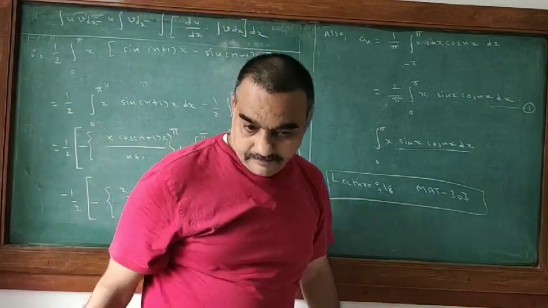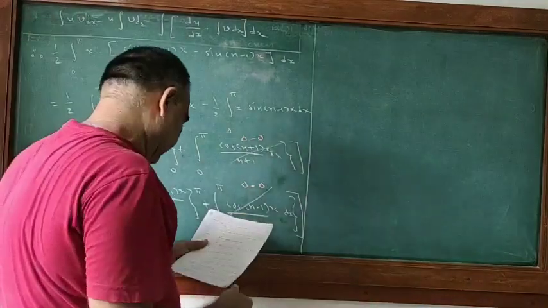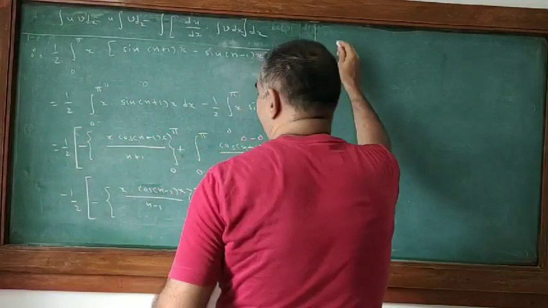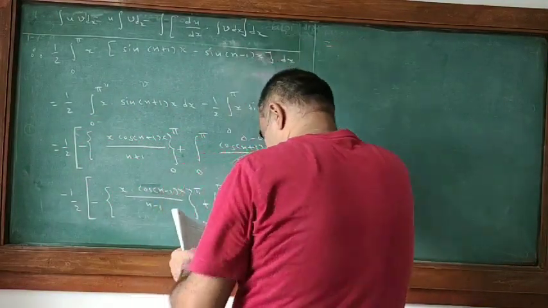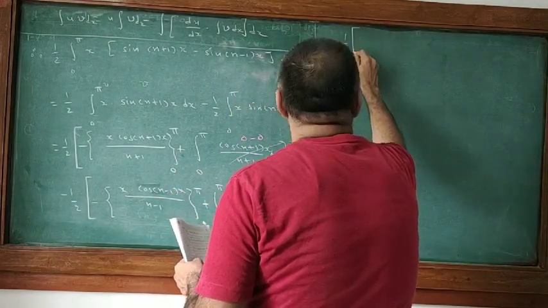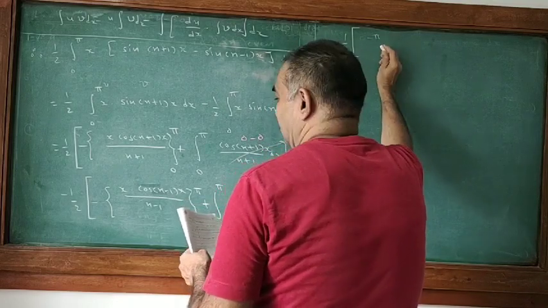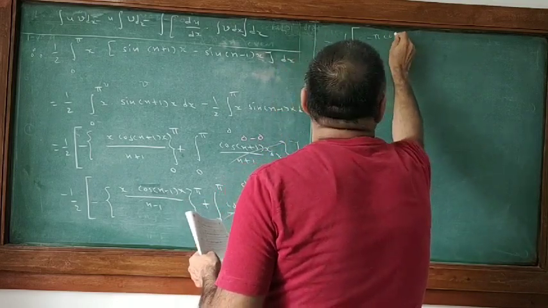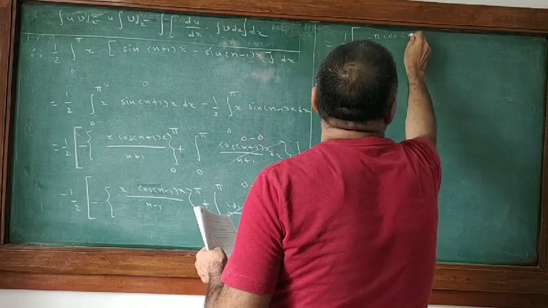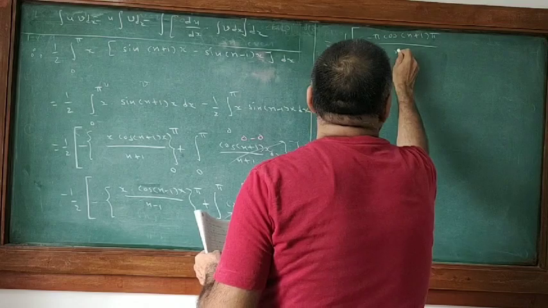And therefore this is equal to 1 by 2, minus pi cos((n plus 1)pi) upon n plus 1.